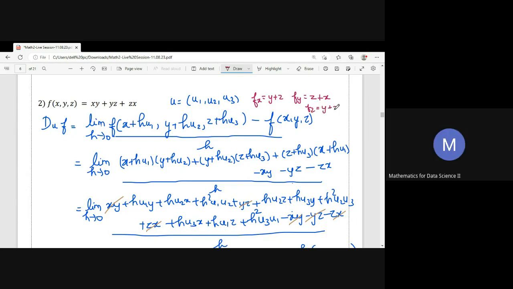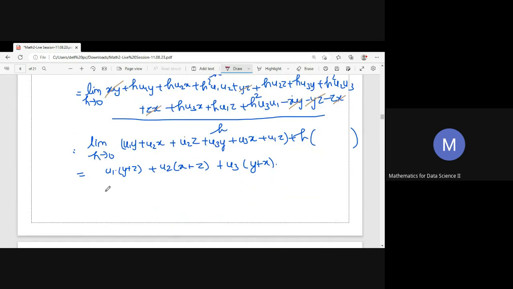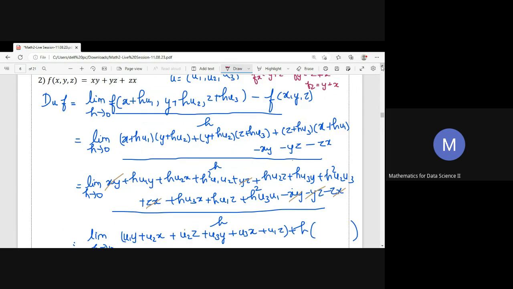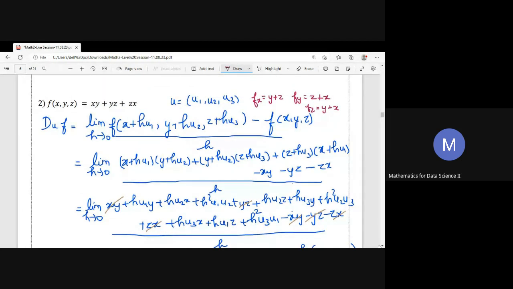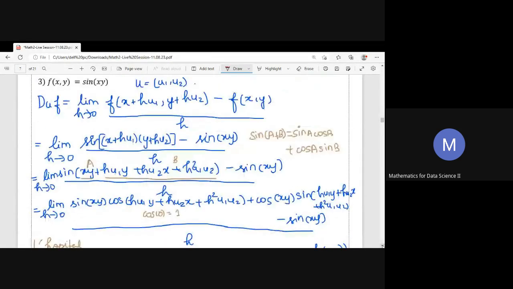So again, fx, fy, fz dot product with u1, u2, u3 is nothing but this expression: y plus z, z plus x, x plus y. The same you can check here also.